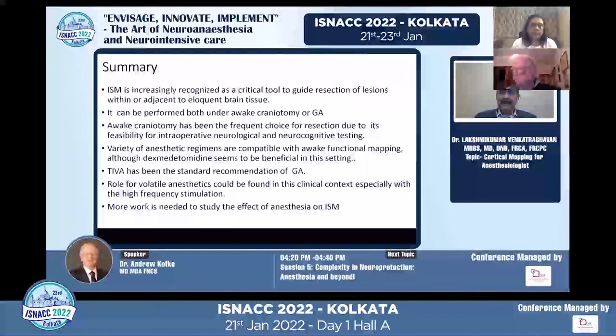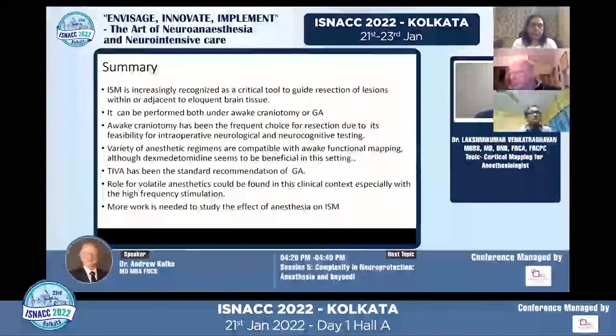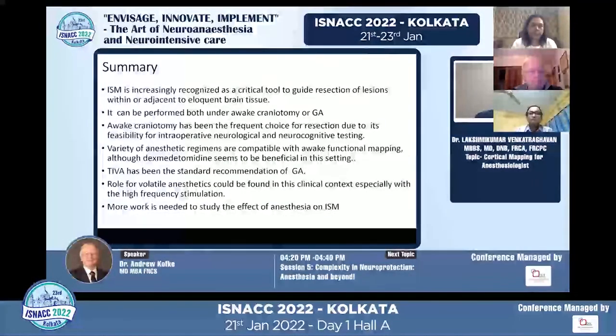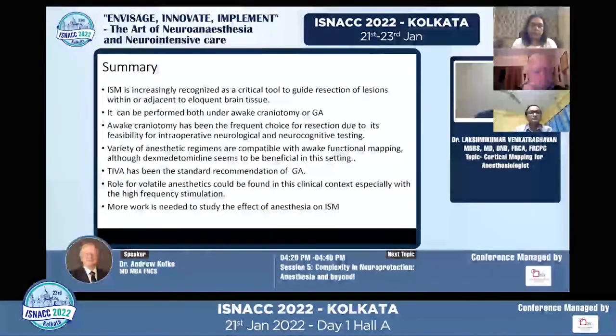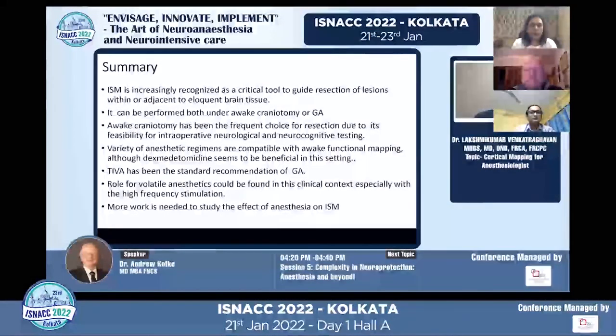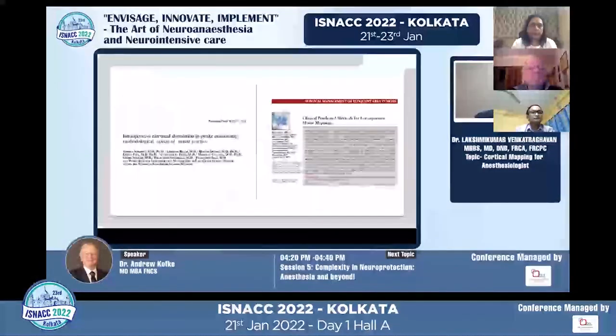TIVA has been the standard recommendation for asleep mapping, and volatile anesthetics can be used, especially with high frequency stimulation, but more work is needed to study the effect of anesthesia on intraoperative stimulation mapping, as well as the effect on postoperative neurological deficits and other outcomes.